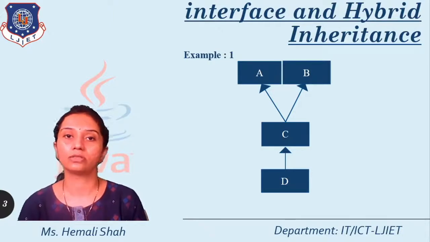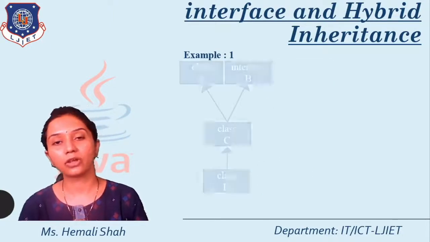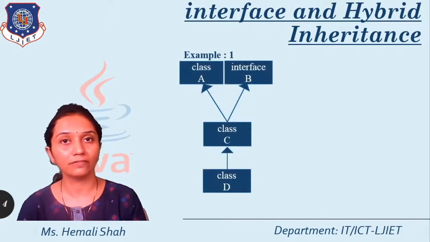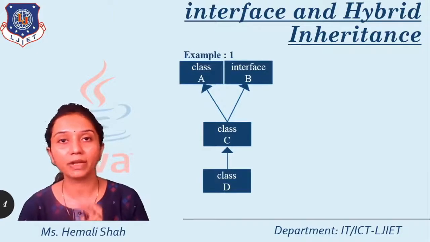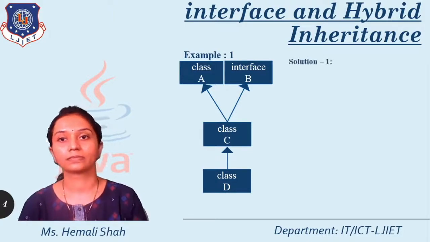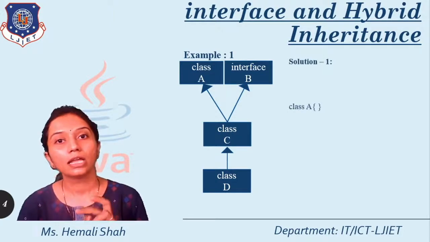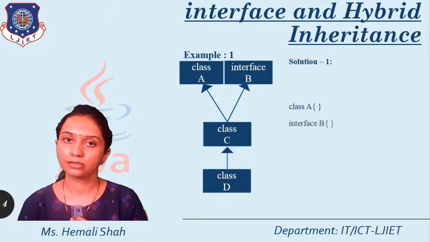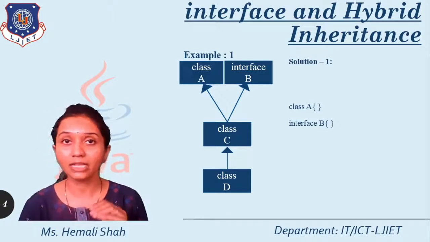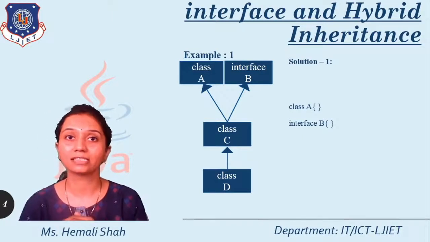Now what are the possible solutions for this particular figure? Here, first solution: when you find the multiple inheritance in your figure, you just need to make at least one interface. So in solution 1, I am making A a class and B an interface, and I am creating C from this class A and interface B. So what should be the definition of class C?